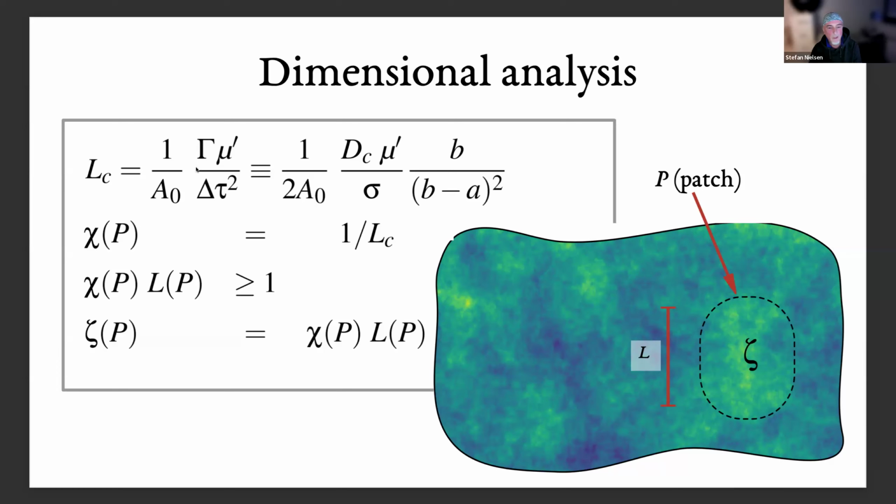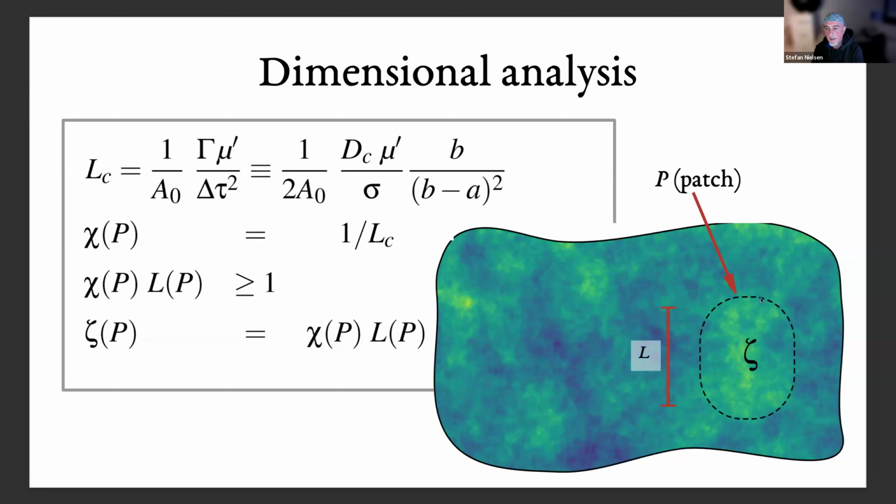But I find it preferable, for reasons that I hope will become clear in the next slides, to write it in this dimensional form, which allows me to derive a parameter which I now call zeta, a dimensionless parameter, which is the product of chi and L. So if any patch on my fault of dimension L has a product of L and chi which is larger than 1, then from the energy point of view, this is a potential instability and rupture propagation patch.